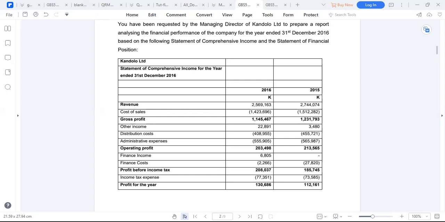So these ratios basically assess the proportion of debt in a company's capital structure. So there are two common gearing ratios. There's what we call the debt to equity ratio, and also the equity ratio.